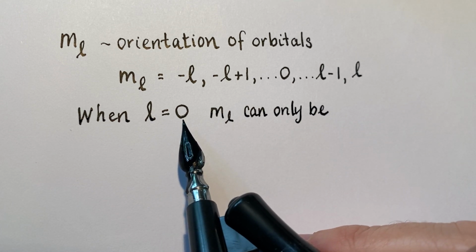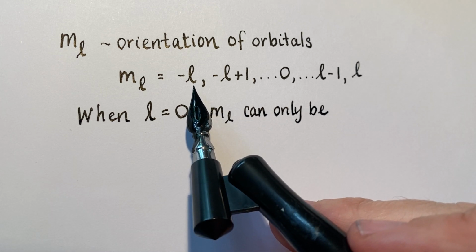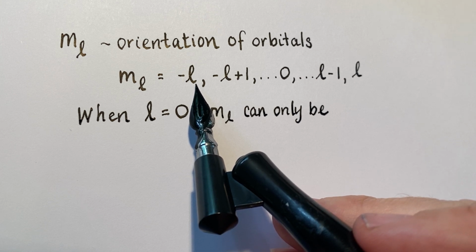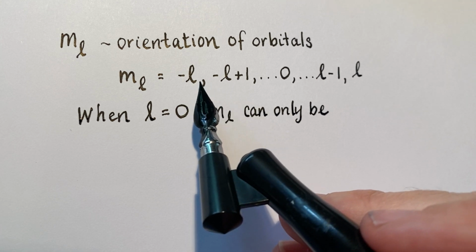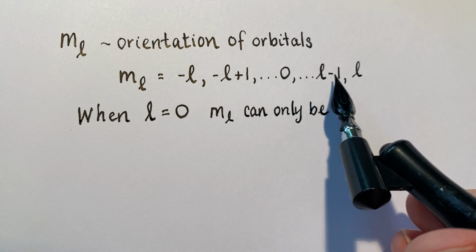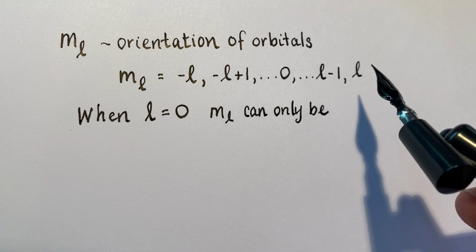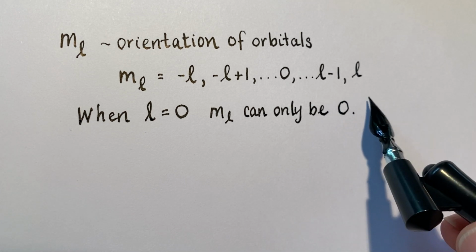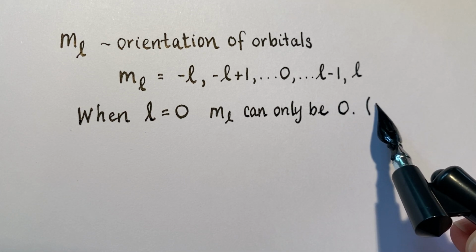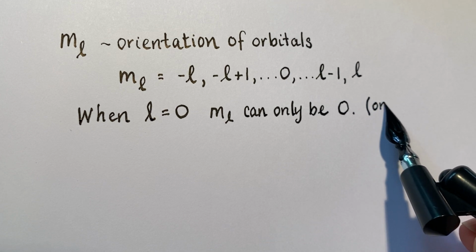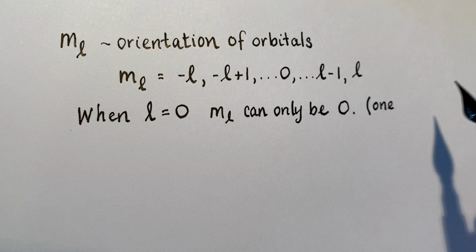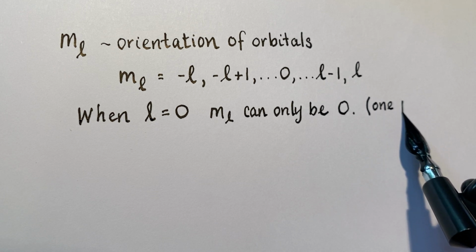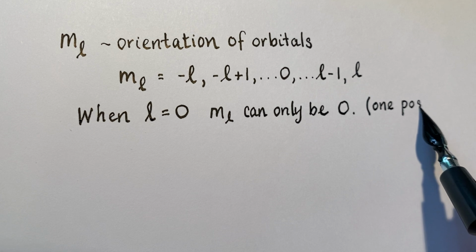When L is 0, well, what's minus L? Minus 0 is 0. So really, if we're starting at 0, going through 0, going to plus 0, that's it. It can only be 0. So this means there's only one possible result, and that the physical realm corresponds to there being only one possible orientation.